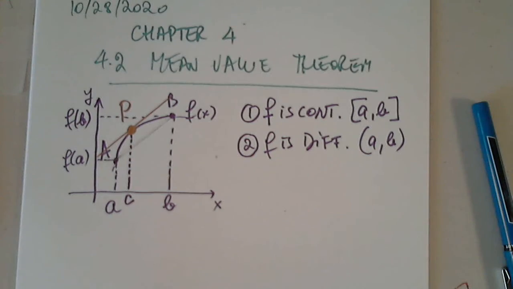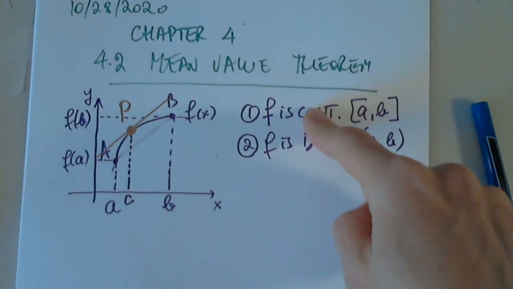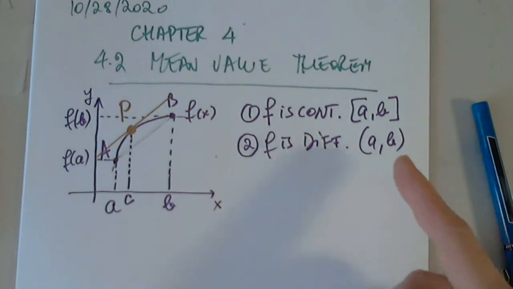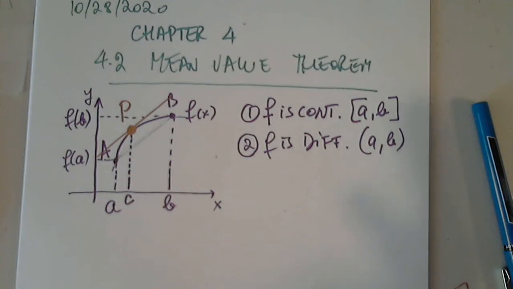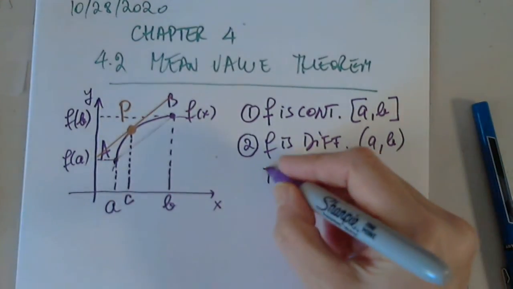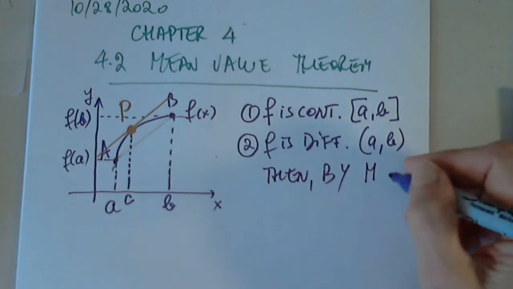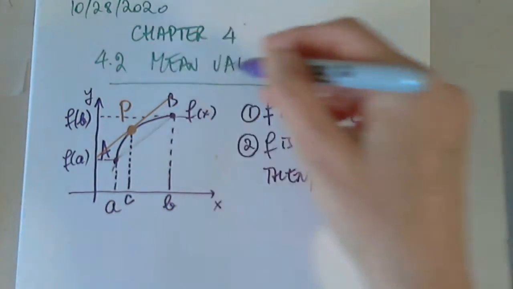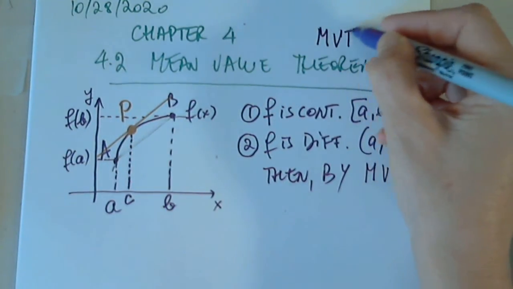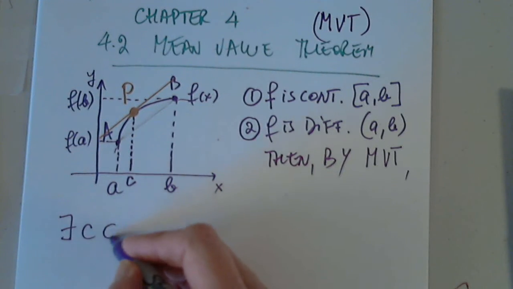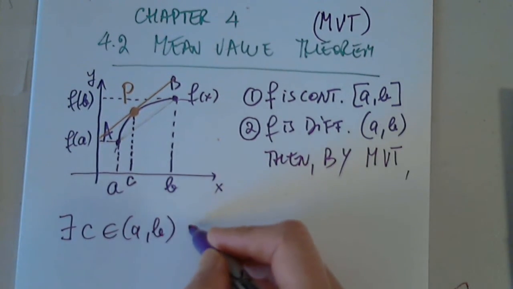So now let's write the theorem together. The function is continuous on the interval a comma b, as you see, is differentiable on at least the open interval a comma b. Then by MVT, mean value theorem, there exists a c in the open interval a comma b such that.